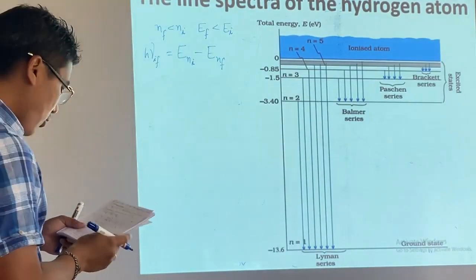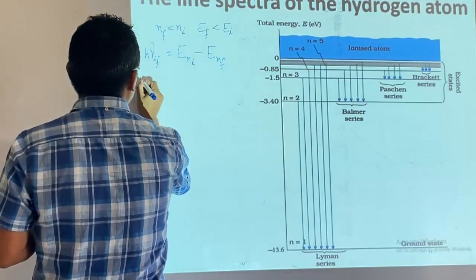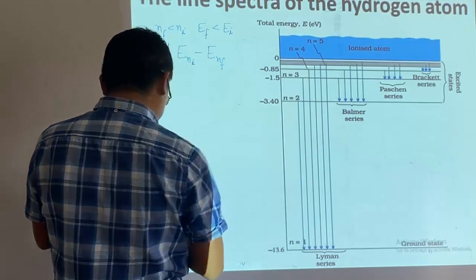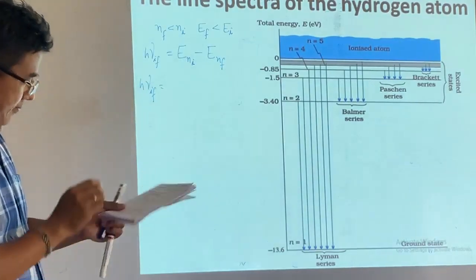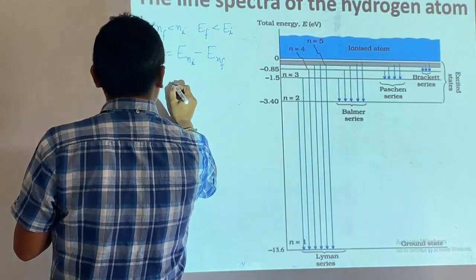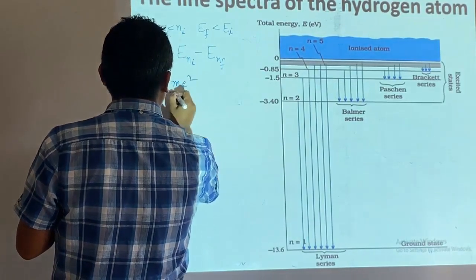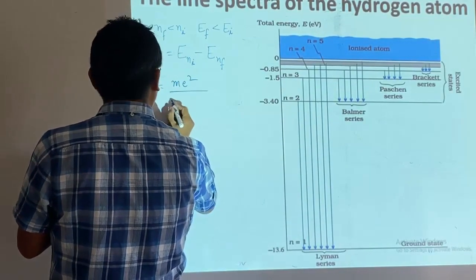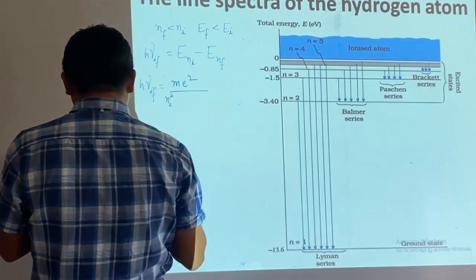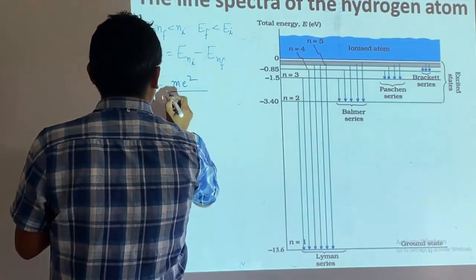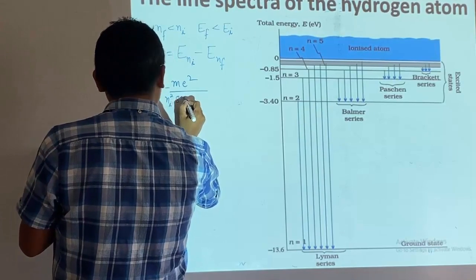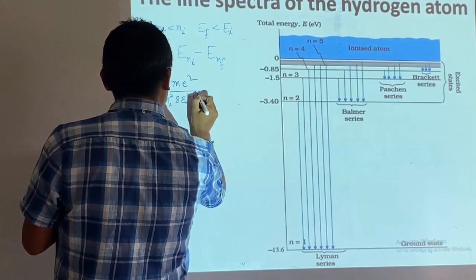So what we would like to do is, how much is this value? This value comes around m e to the fourth divided by n_i squared, this is going to be minus, 8 epsilon naught squared h squared.